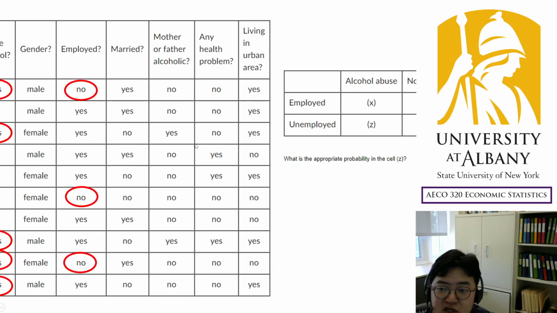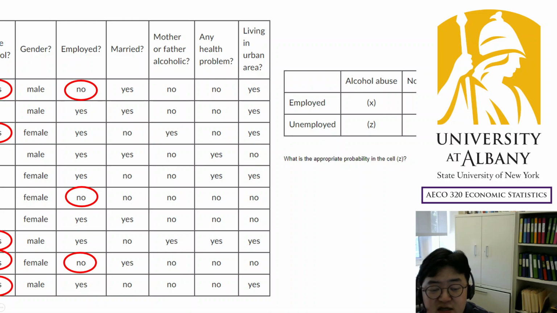Out of 10 observations, we have to check those who satisfy yes for alcohol abuse and no for employment. And then those who satisfy both. So number 1 satisfies both conditions, and number 9 satisfies both conditions.